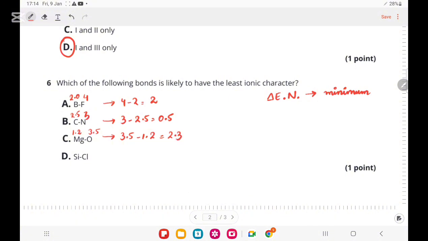And then silicon is 1.8 and chlorine is 3.0, and their electronegativity difference is 3.0 minus 1.8, that comes out to be 1.2. So the least ionic character is going to be the one which has the least electronegativity difference, that is going to be B.